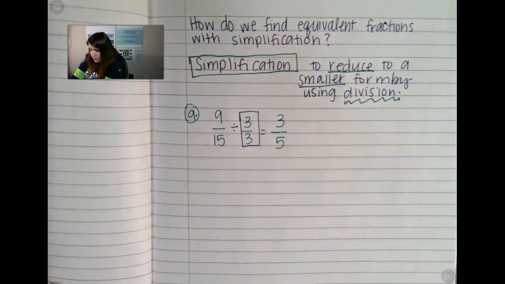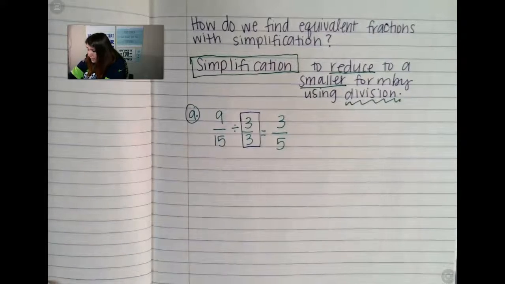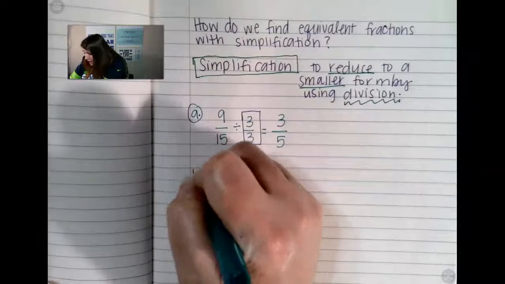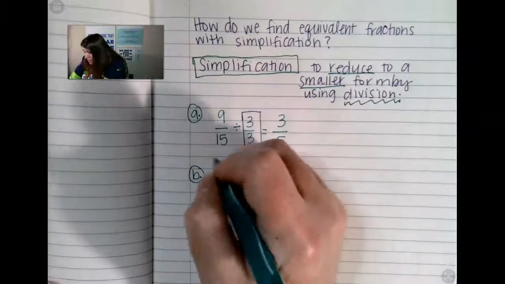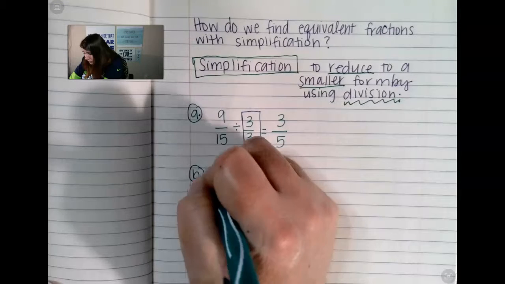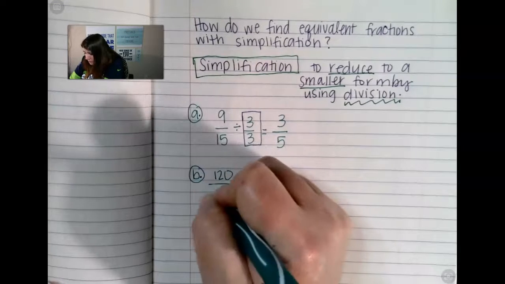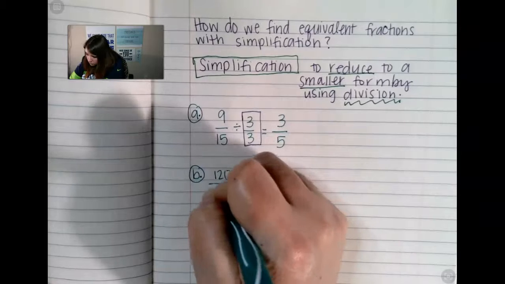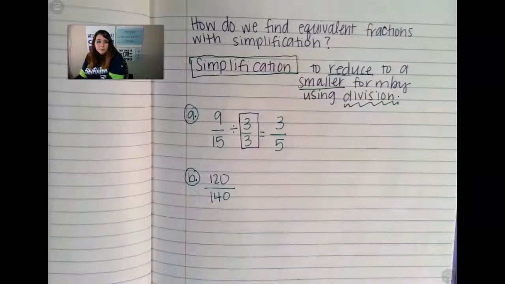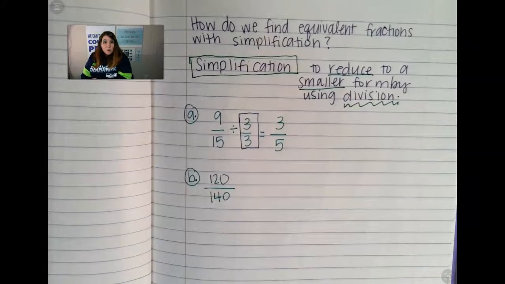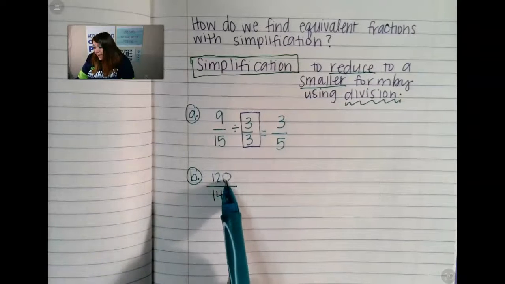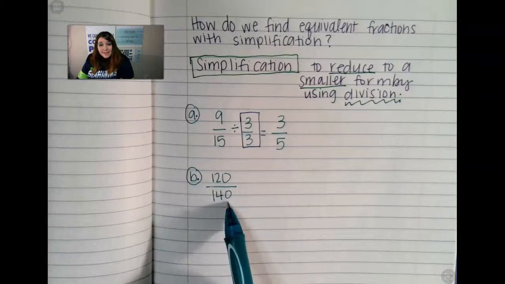Okay, so let's do another problem. Let's say that I have a number like 120 over 140. I know that I can reduce this by 10 because this ends in 0.